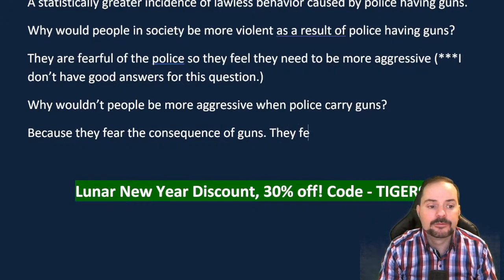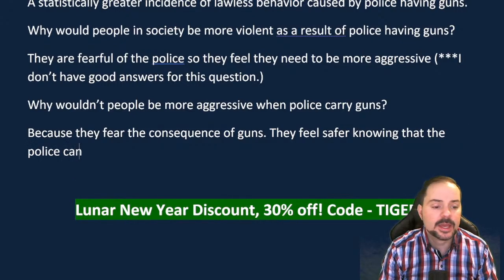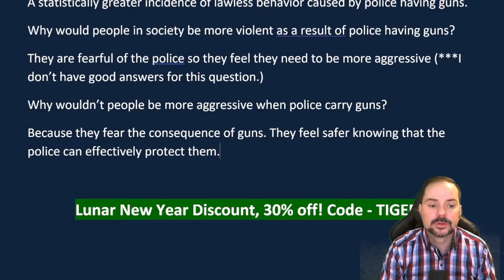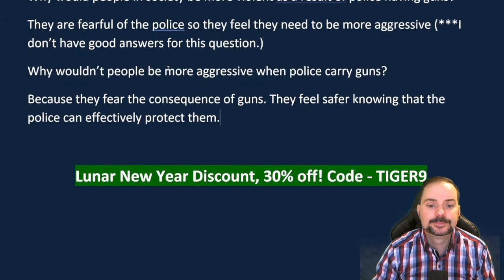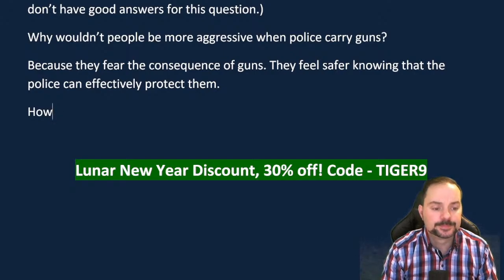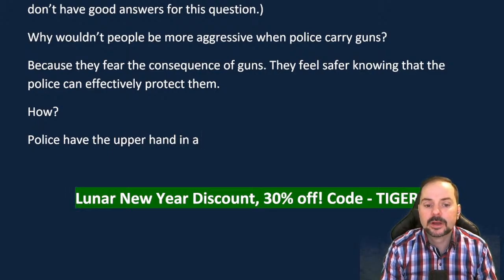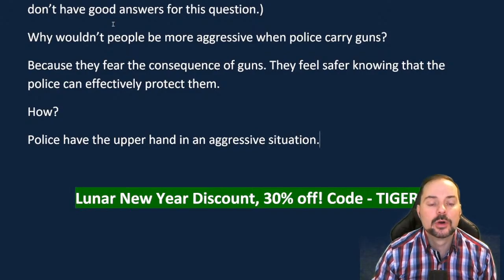They feel safer knowing that the police can effectively protect them. All right. Okay. So how? Police have the upper hand in an aggressive situation. Okay, so that would be the rest of it.